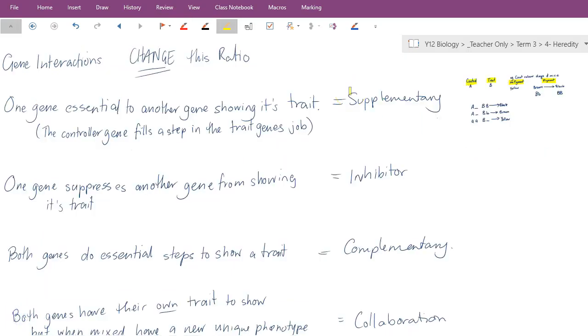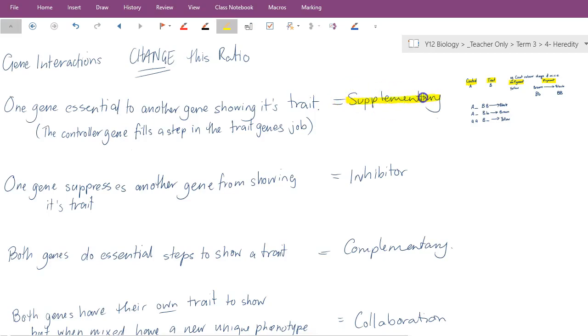So there's several gene interactions that we're going to be going over, but remember, first of all, there's just 2 genes in play here. Okay, one gene usually affects whether or not another gene gets to show its trait. So the first one we went over is this supplementary one.